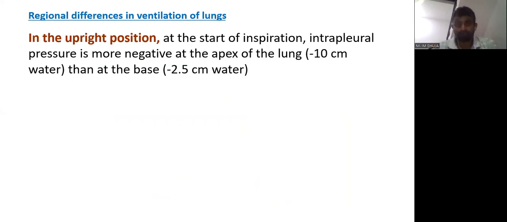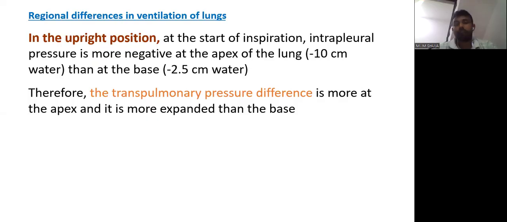In the upright position, at the start of inspiration, the intrapleural pressure is more negative at the apex of the lung, that is minus 10 centimeters, then at the base, that is minus 2.5 centimeters of water.